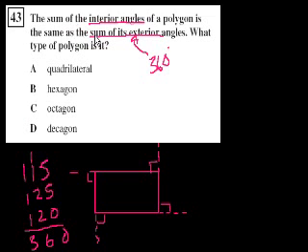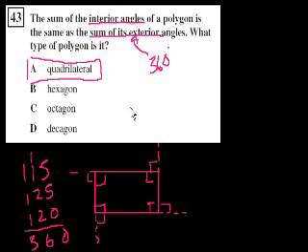So you're essentially saying what polygon's interior angles add up to 360 degrees, and that, of course, is a quadrilateral. My mouth got ahead of me. And in a quadrilateral, you have 90, 90, 90, 90. They add up to 360 degrees.